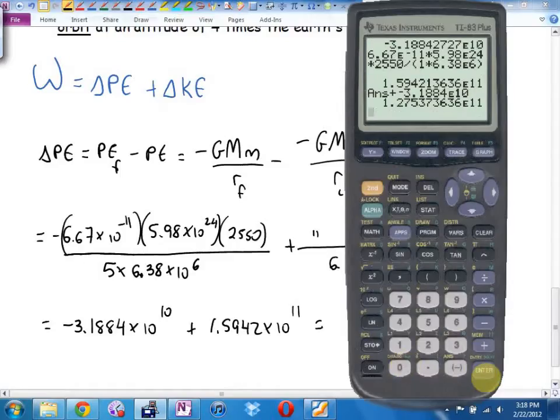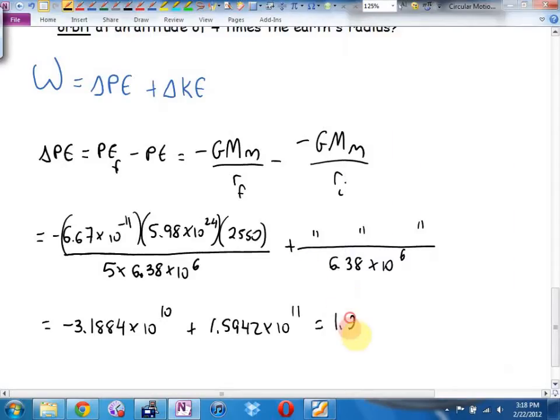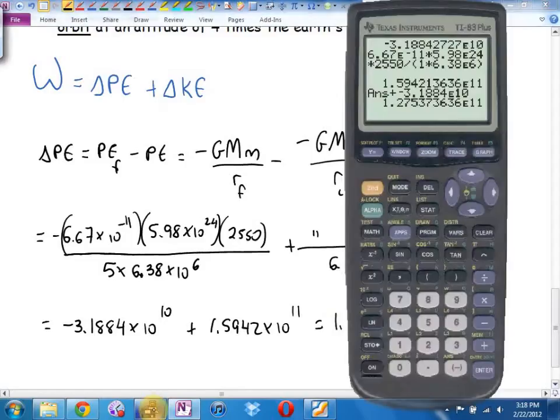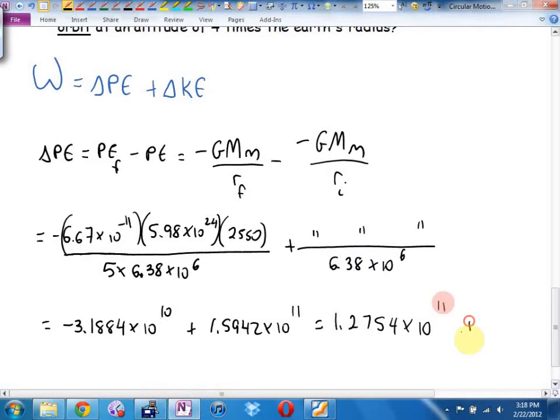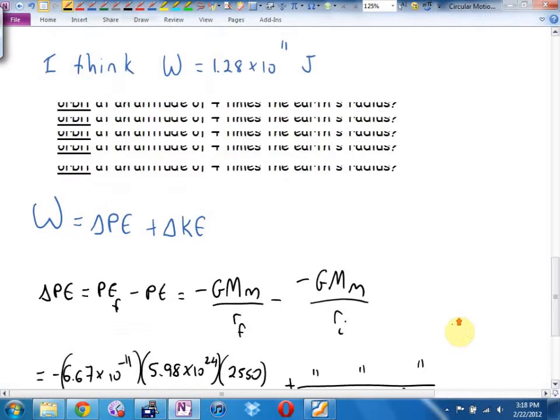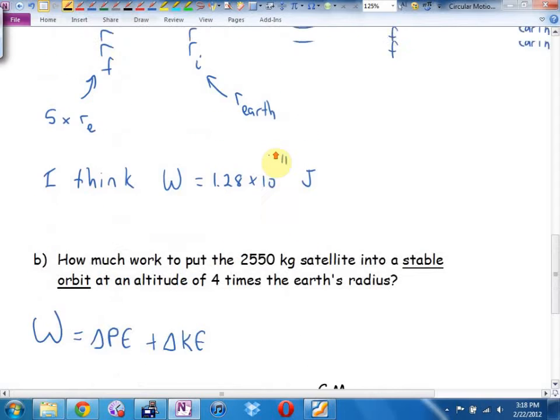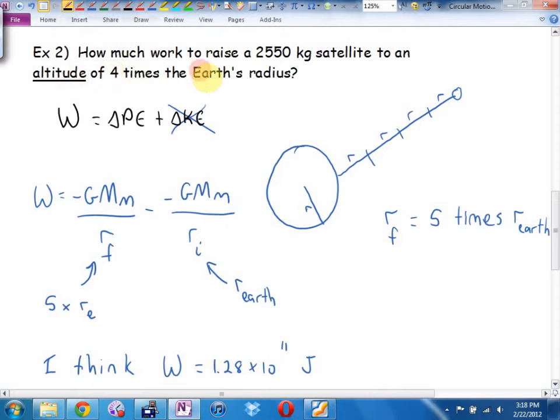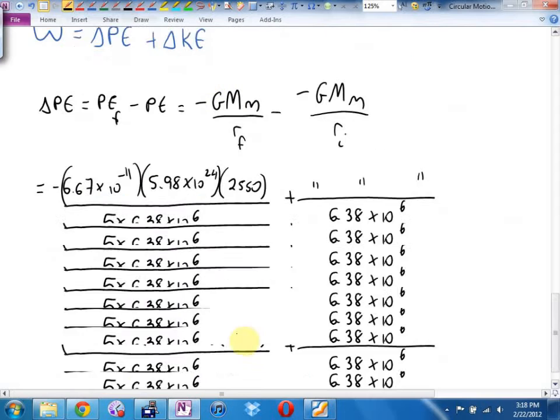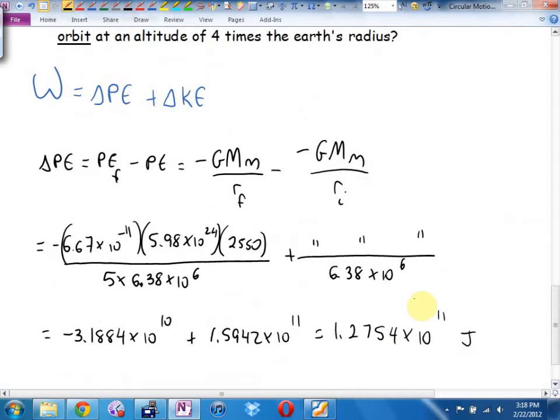That's the amount of work to lift it up there. 1.2754 times 10 to the 11 joules. Hopefully that's what I told you the answer was earlier. Yeah, 1.28 times 10 to the 11th joules. It's also the answer to this question right here, because here we just asked how much lifted up here. We just recalculated it. That's that.